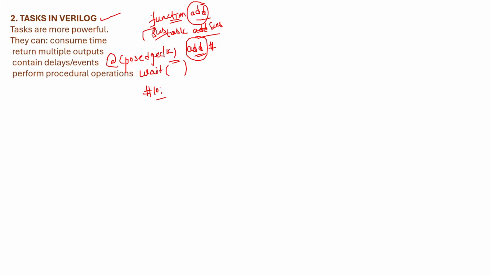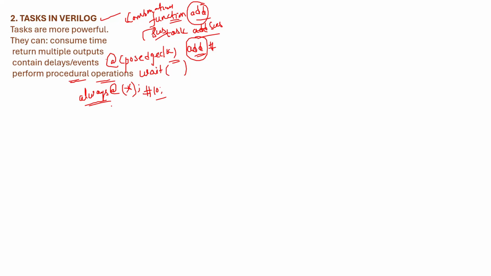Functions are used for combinational circuits. Combinational circuits produce outputs immediately, but tasks are used for combinational as well as procedural operations, mainly procedural ones like flip-flops and always. Procedural means what? Always @. This always @ allows changes in the inputs, and every time it gets some output.